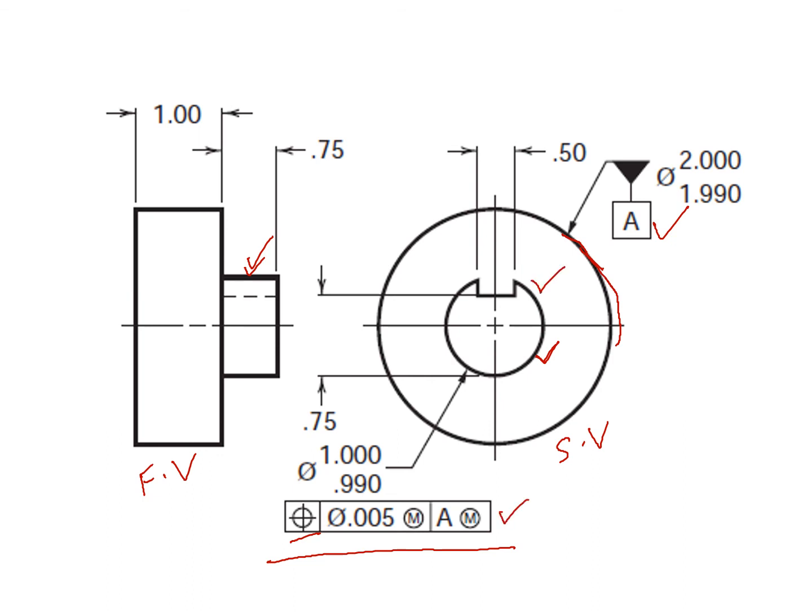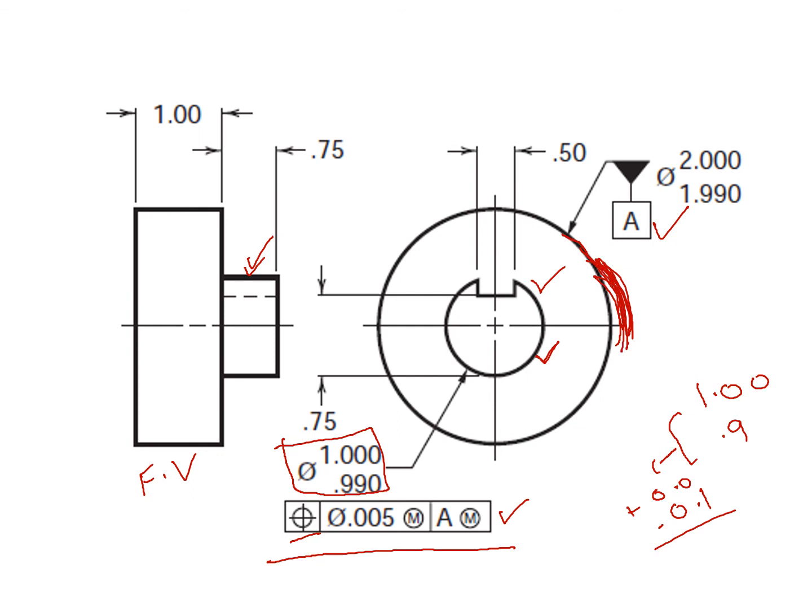So here, apart from the other dimensions that are mentioned on this circular feature, for example, you can see that this circular feature has a unilateral tolerance of 1.00 and 0.9. So overall the tolerance is 0.1 minus 0.1, you can say, plus 0.0. So here it has a general tolerance, but then this feature is also positioned relative to this circular surface.